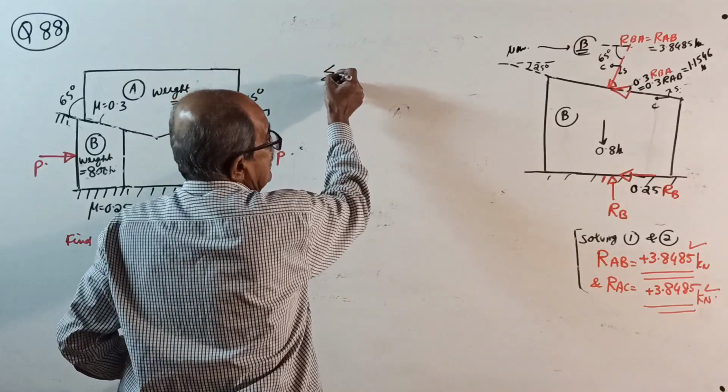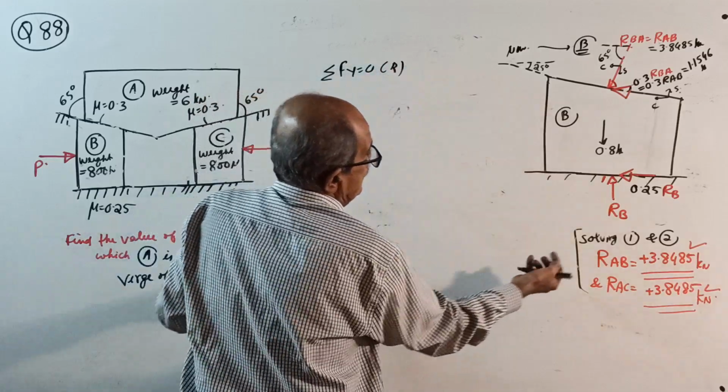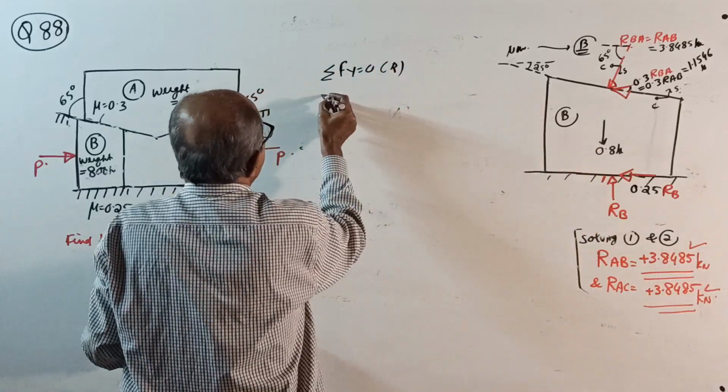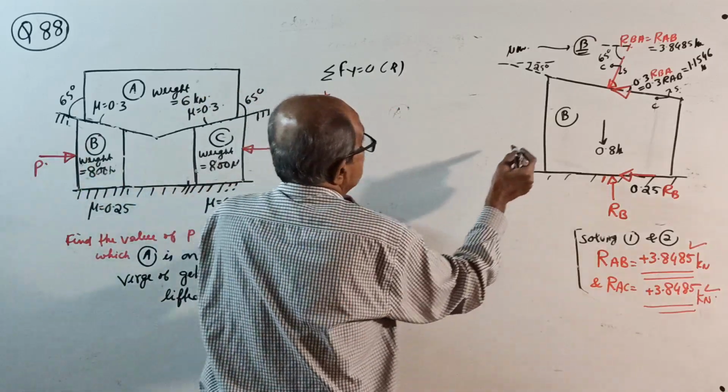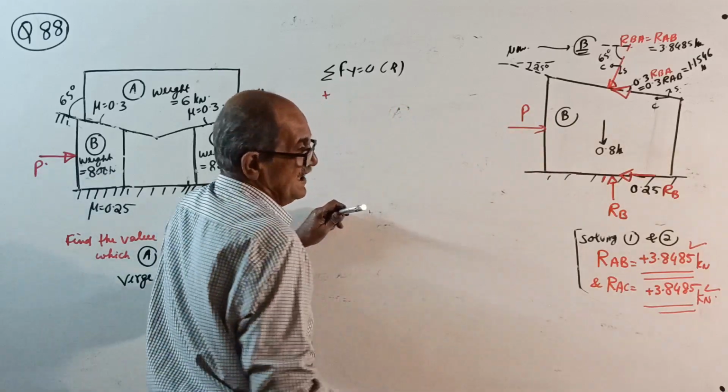Sigma Fy = 0, take upward positive: plus RB. Oh, sorry, I forgot to write P here, otherwise the question is P. Anyway, I can make it out later.